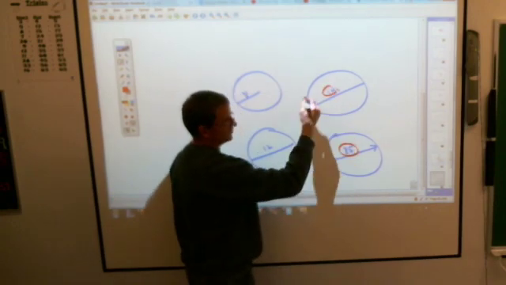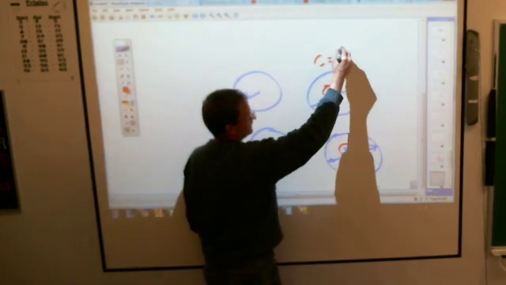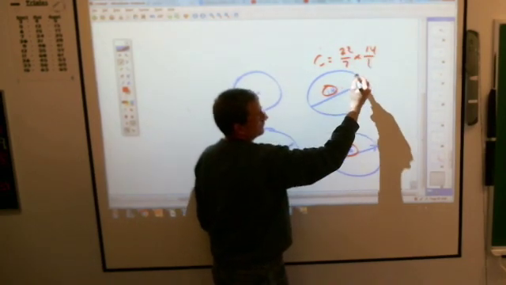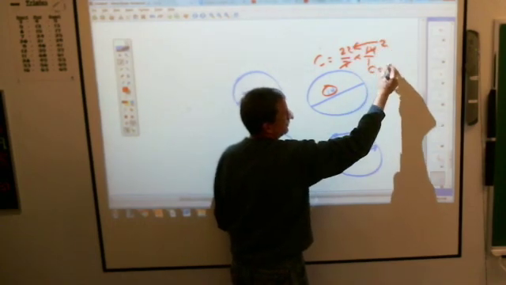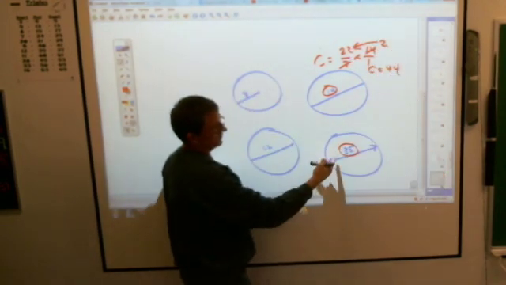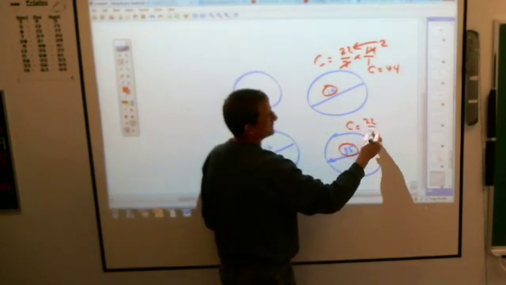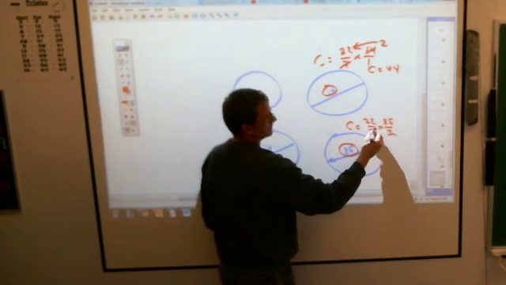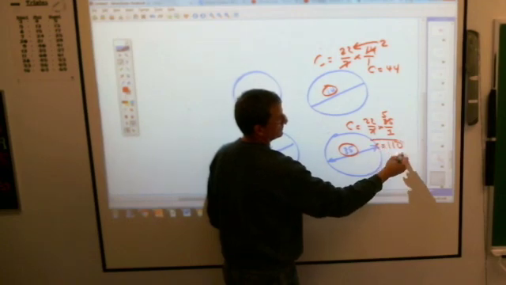Boom, you want to use these two because, again, watch how easy this is. Circumference equals pi, which is 22 over 7, times 14 over 1. 7 goes into 14 twice. Your answer is 44. Same thing here: circumference equals 22 over 7 times 35 over 1. 7 crosses out with that 35, you get 110 for circumference.